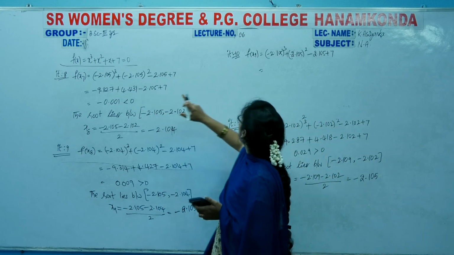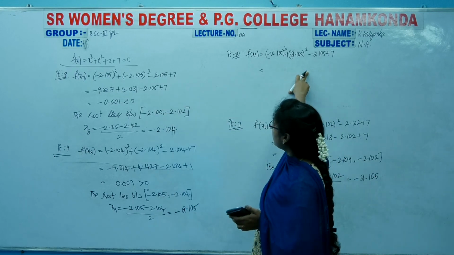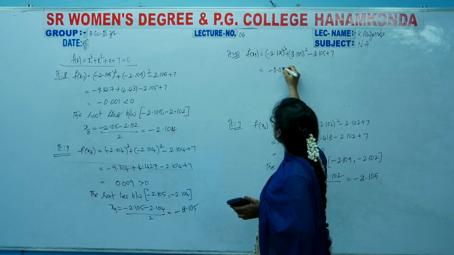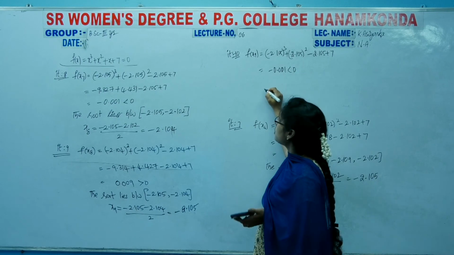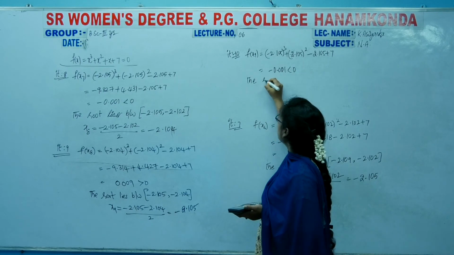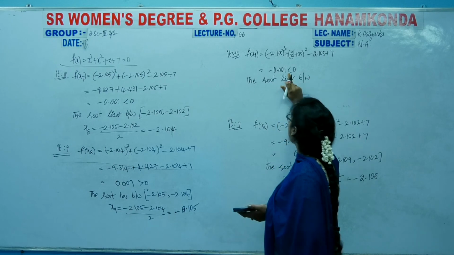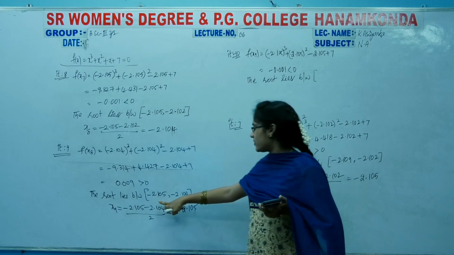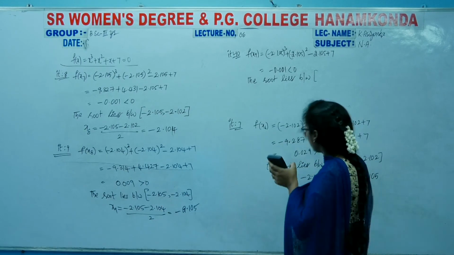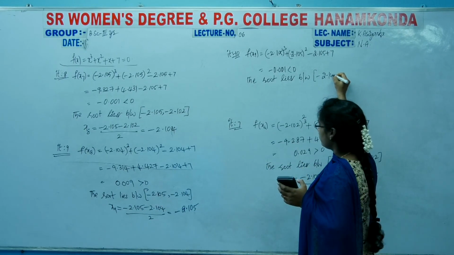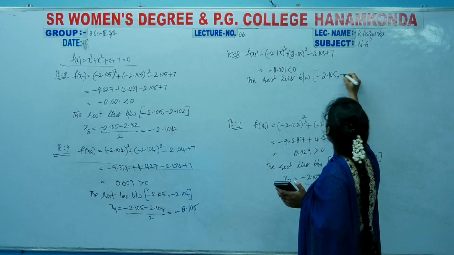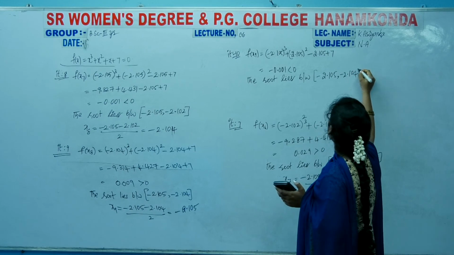So we will get that the entire value will be same, minus 0.001, which is less than 0. So therefore what we can say? Therefore the root lies between. It is a negative now. So negative means we have to ignore this and again we have to take that minus 2.105 comma minus 2.104.